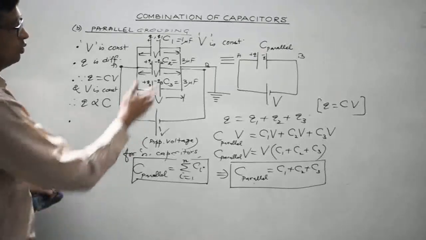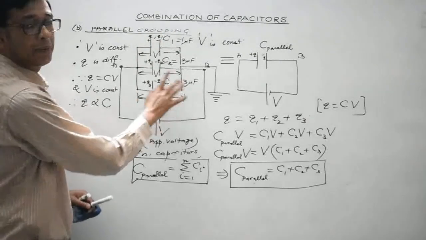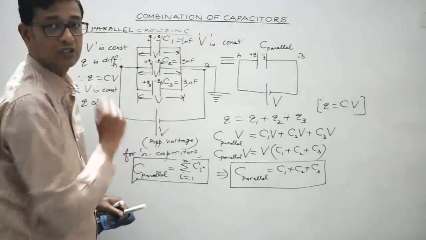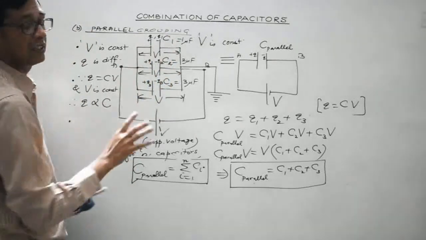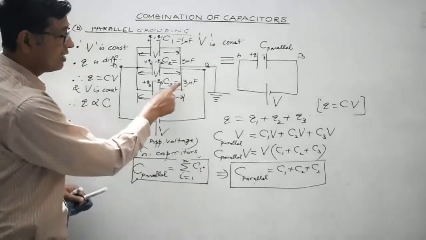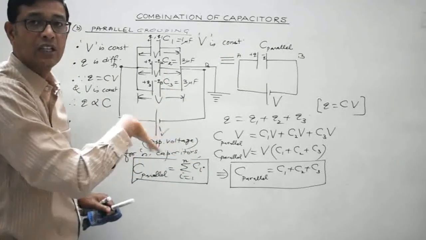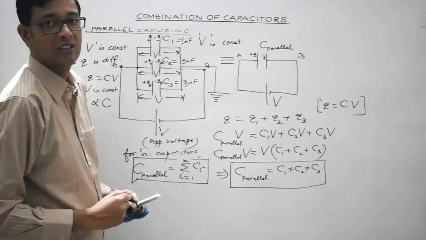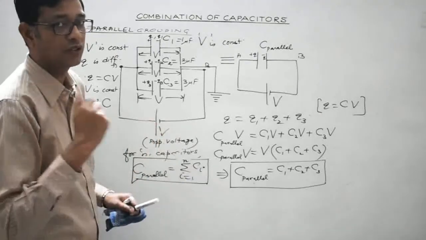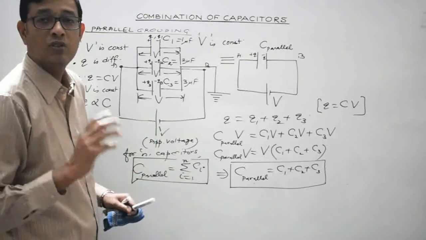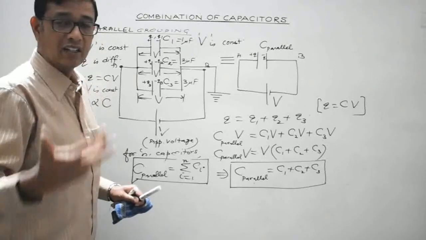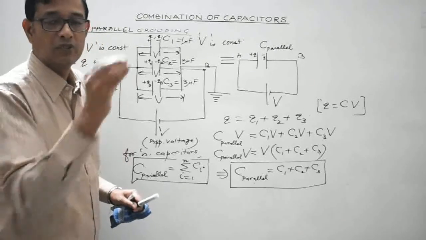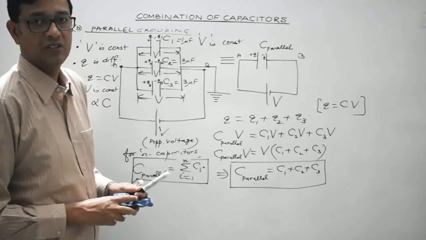So C parallel would be 3 plus 2 plus 1, that is 6 microfarad, which is greater than the maximum of the given values of capacitance. So, in the parallel grouping, the resultant capacitance is greater than the maximum of the given values of capacitance.